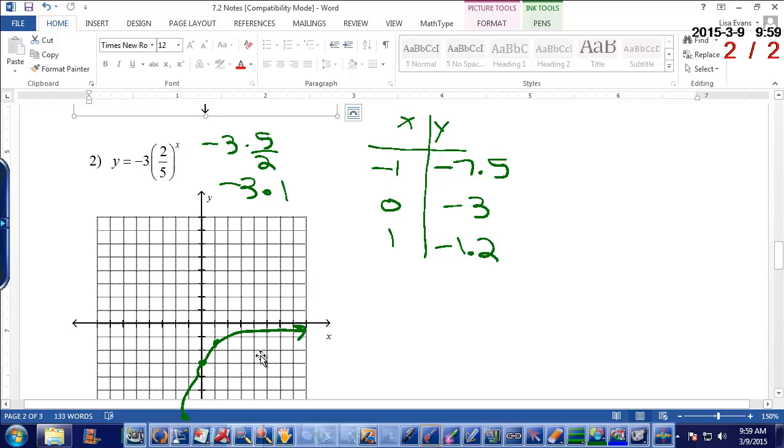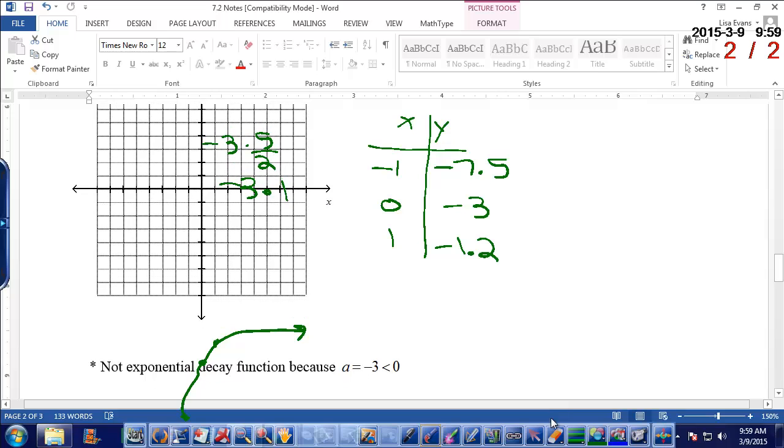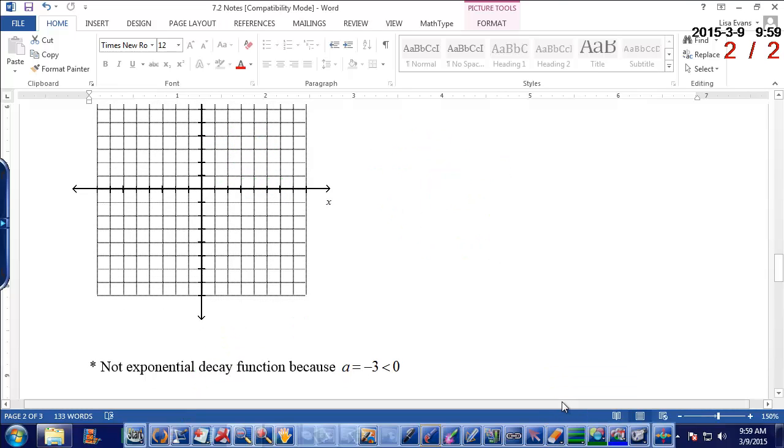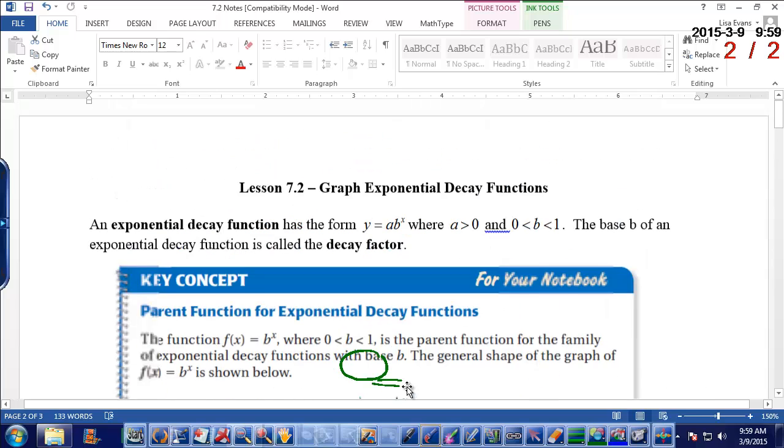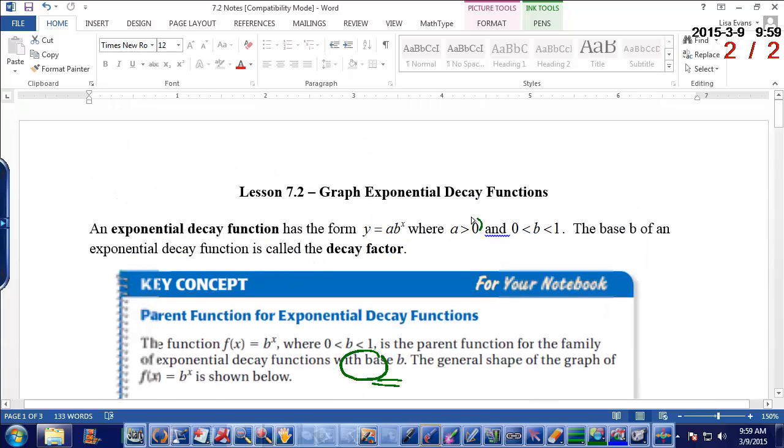Okay, but our graph is not falling when I look from left to right. So look at our note on the bottom. This is not an exponential decay function because a is equal to -3, which is less than 0. We go back up here to the very beginning. It says a must be greater than 0. The only difference between yesterday's and today is that our b is going to be between 0 and 1. It's going to be a positive fraction.